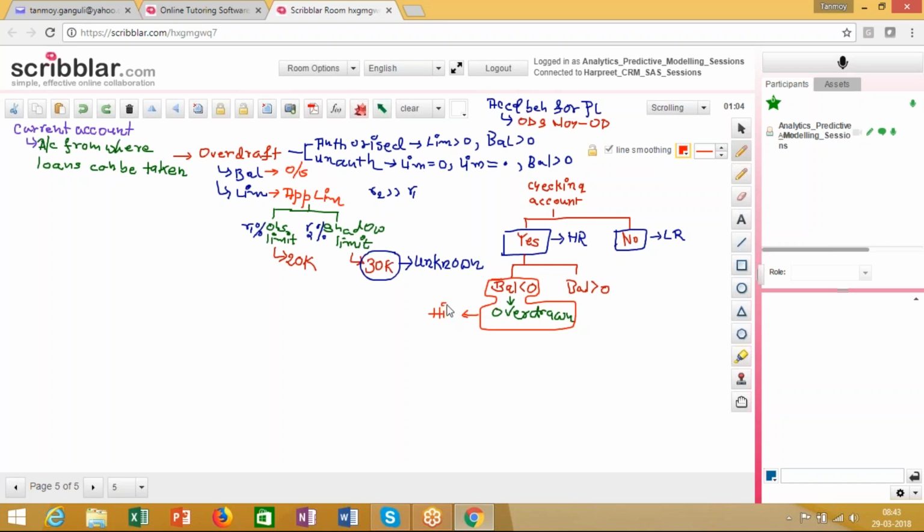Now, within this high risk segment of borrowers with current account, those who maintain negative current account balances are high risk borrowers.